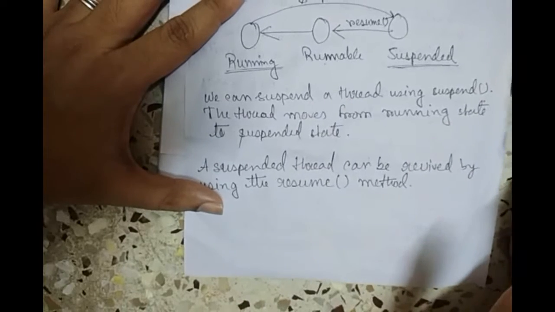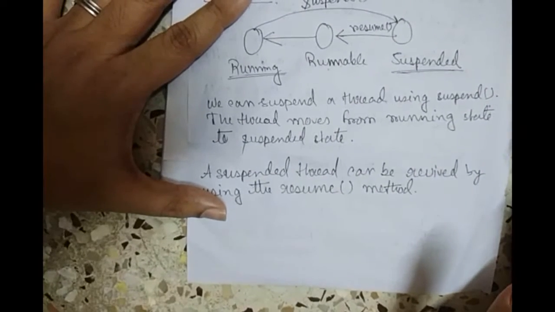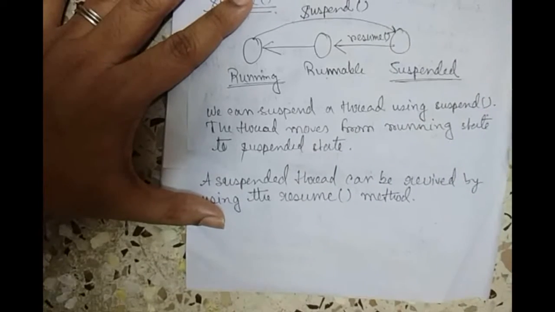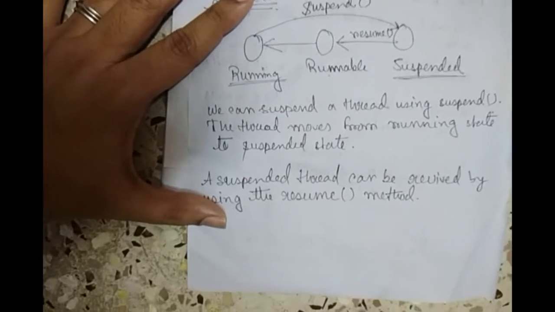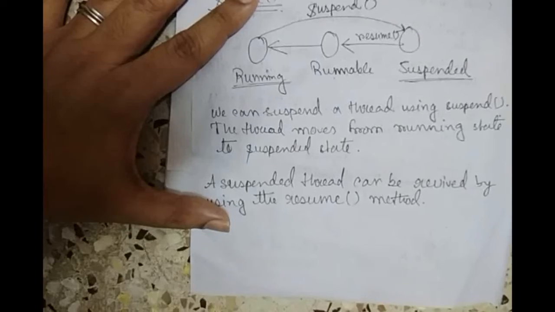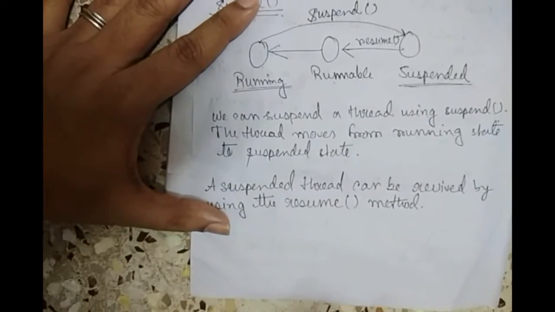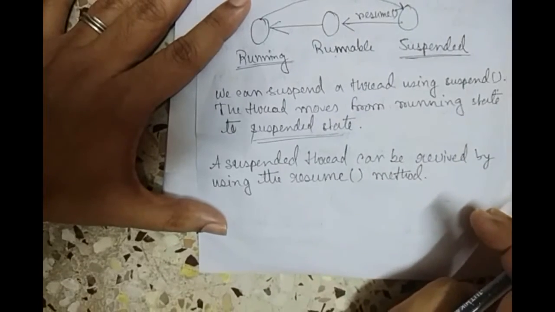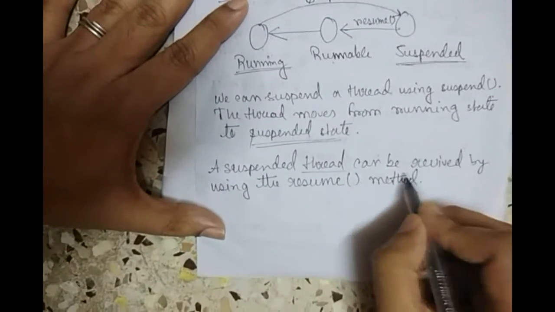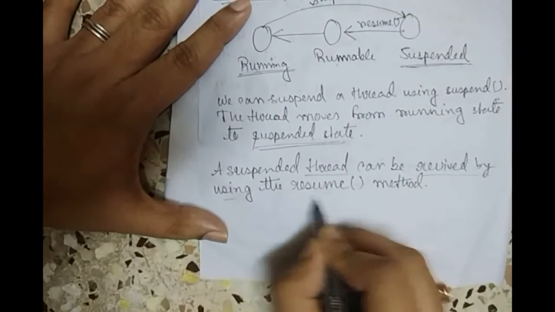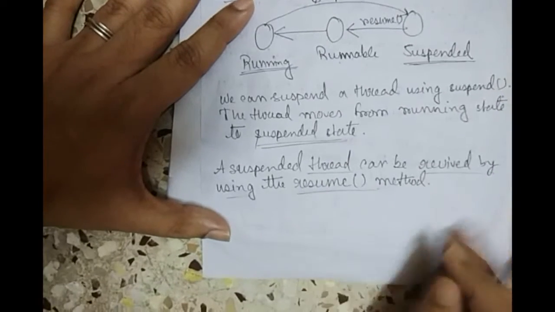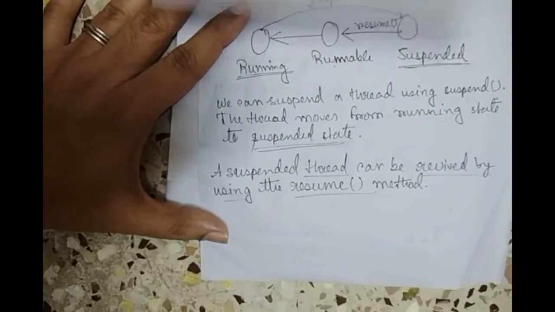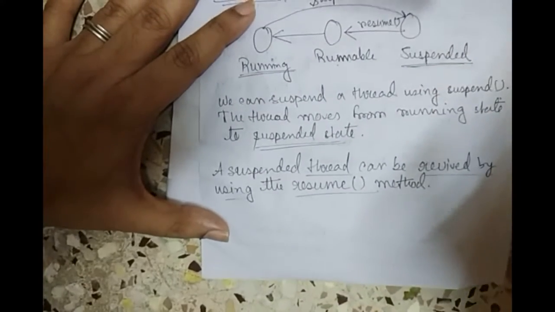So whenever we want to suspend a thread, we can call the suspend method, and the thread moves from the running state to the suspended state. A suspended thread can be revived by using the resume method.